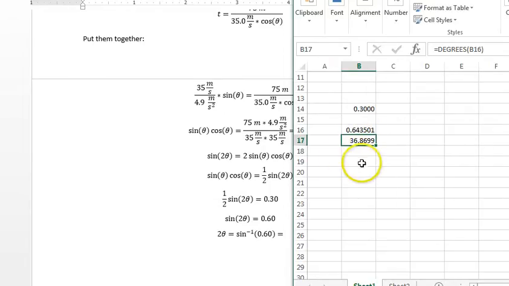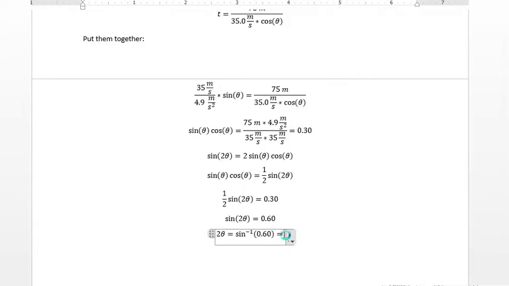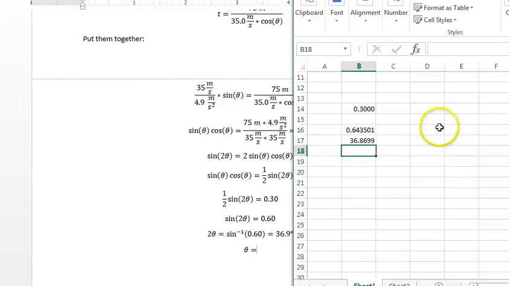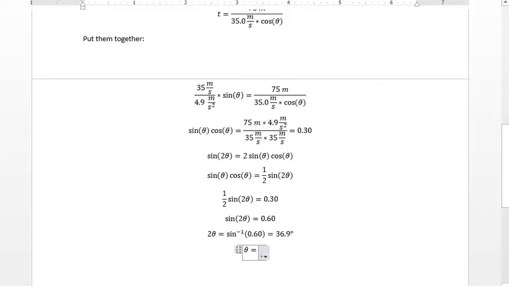So I get 36.9 degrees, right? Okay, 36.9 degrees, and that means that theta is going to be half of that, 18.4 degrees. All right, 18.4 degrees.